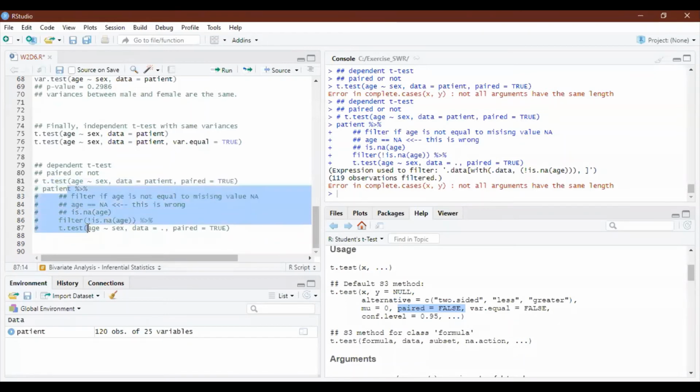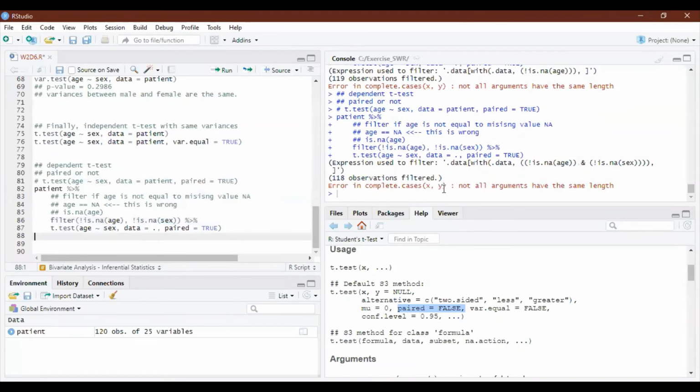We also need to remove the missing values. In age and also in sex, we have missing values. So we need to remove all observations with missing values. So that is what complicates this. Anyway, it's not happening.